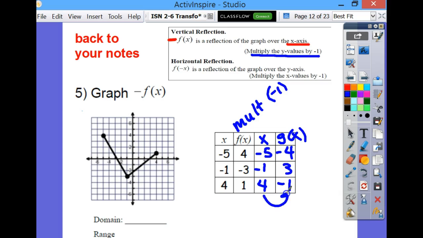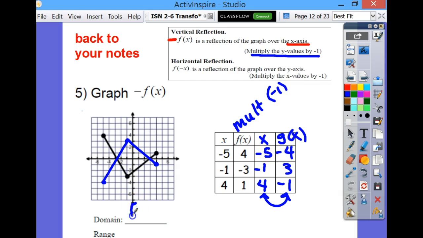These will be the points that go with my new graph, and so if I go to -5, -4, -1, +3, 4 and -1, do you see that that does indeed flip it upside down? That's what reflect over the x-axis means. It's flipped it upside down. It didn't move it left or right. It just flipped it upside down.